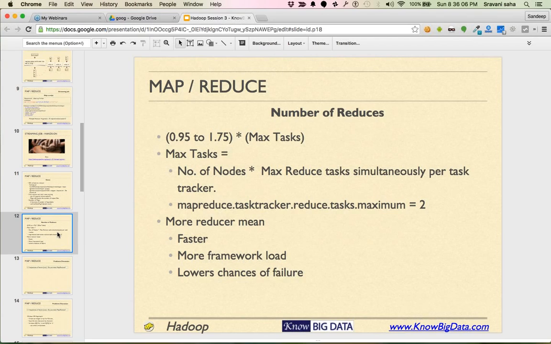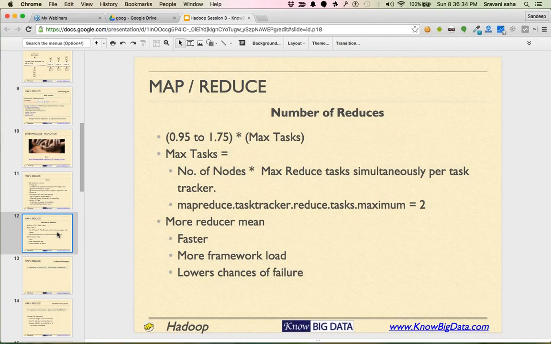So you can have more reduce tasks, and these guidelines give you a general idea of how many maximum tasks you can have. Also, you should note that the number of reduce tasks should be greater than the total possible maximum tasks, so that many things can wait in parallel.